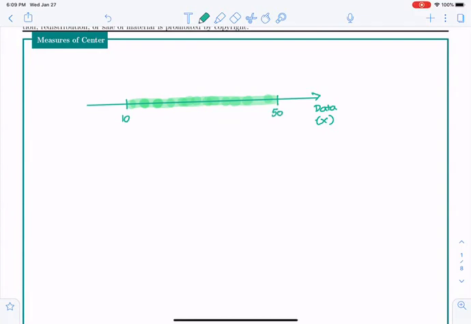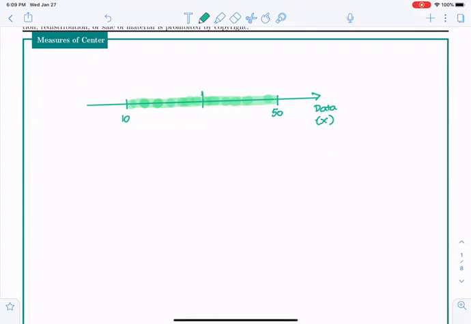Our objective, if observations are going to lie between 10 and 50, is to know where the center of the data would be. Keep in mind, if the observations are equally spaced between 10 and 50, then the center would be exactly here.